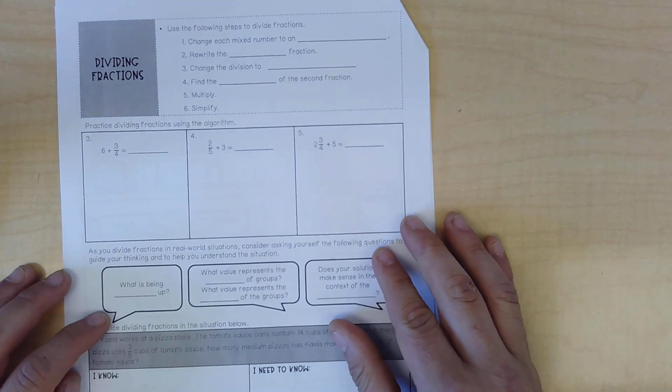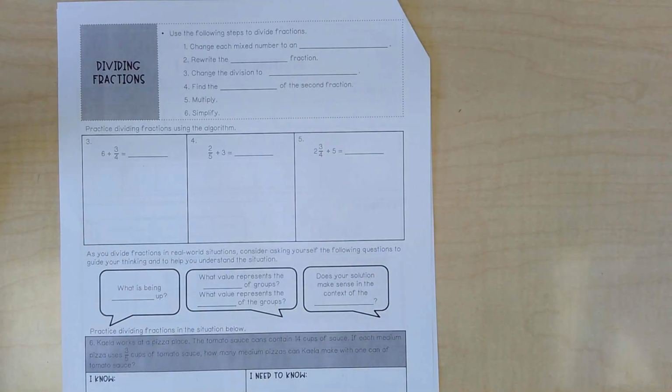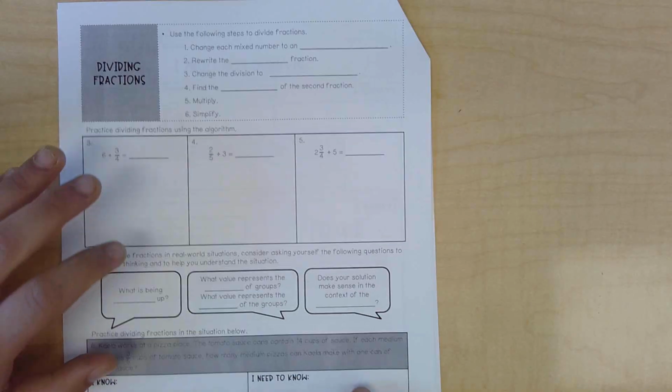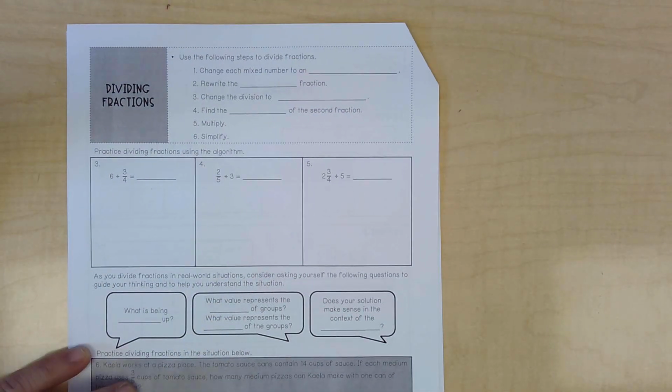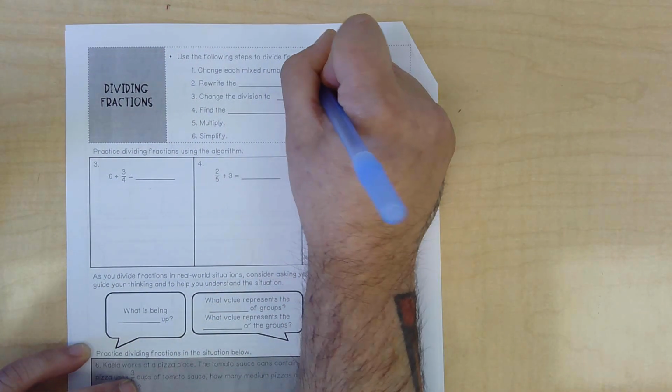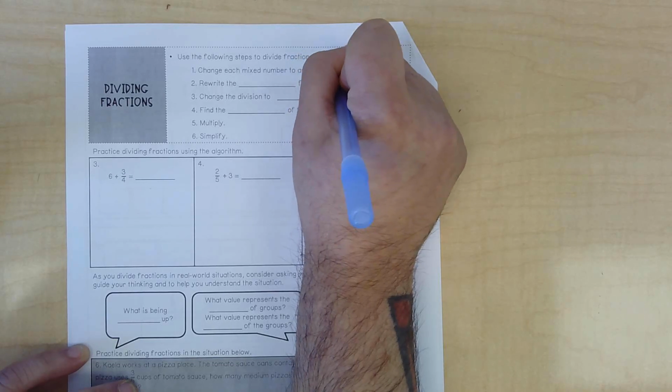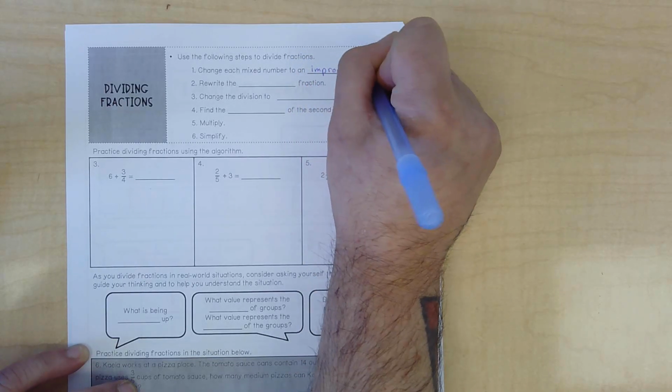Okay, so we did it, but now we're gonna talk about it in actual steps. First thing you want to do is change each mixed number to an improper fraction.